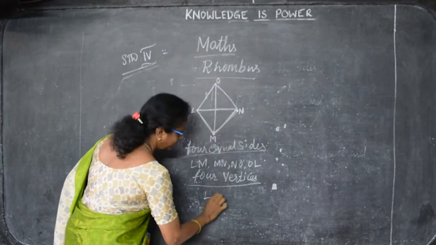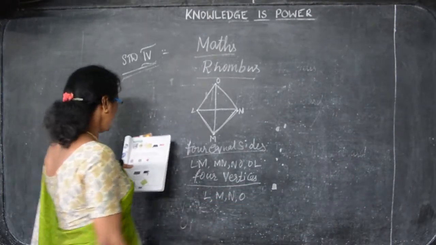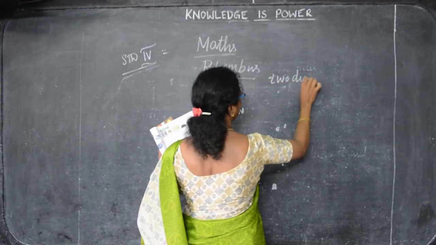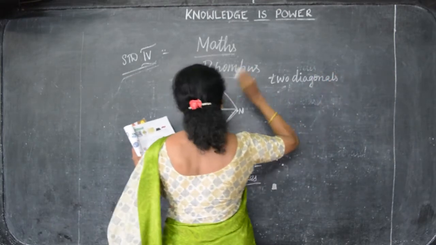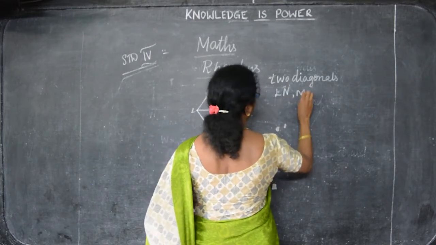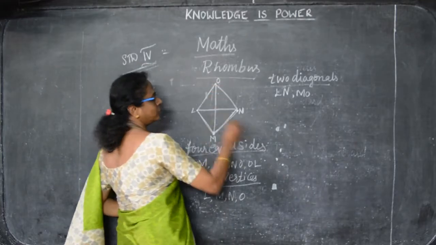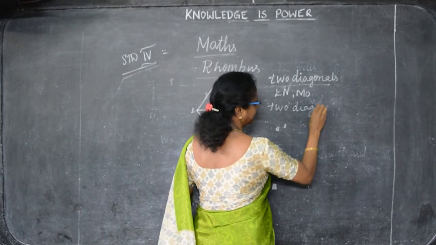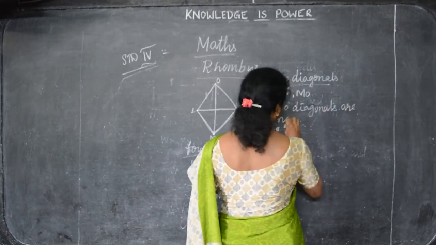So that is L, M, N, and O. These are the four vertices. And two diagonals. What are the two diagonals? That is LN together, and MO. So these are the two diagonals. But these two diagonals are not equal in length.